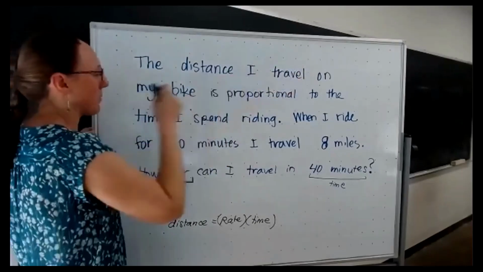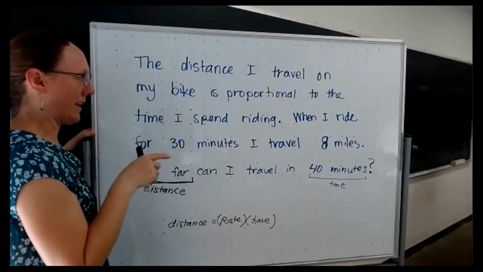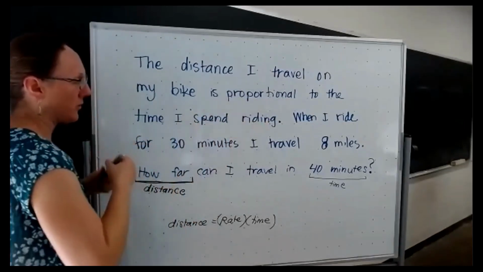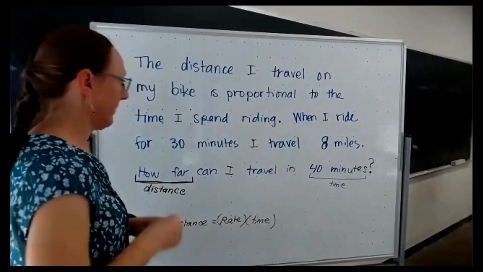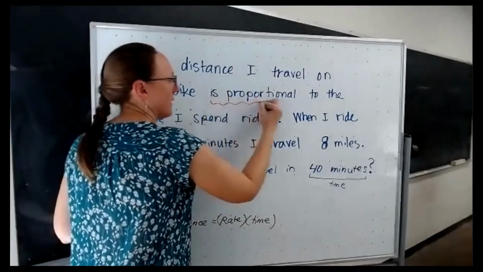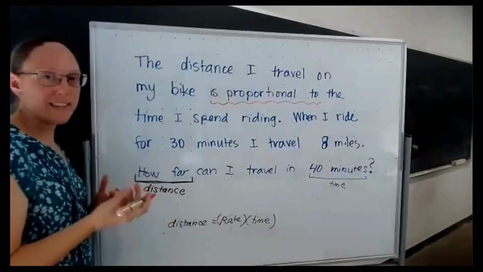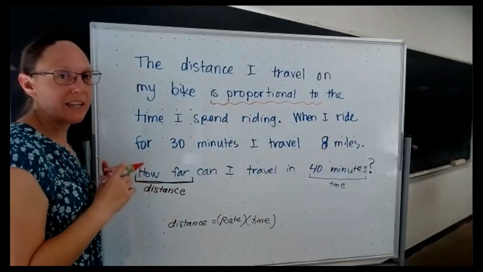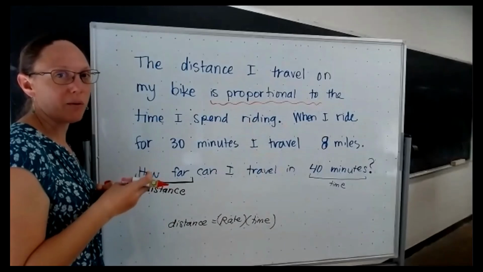So the distance I travel on my bike is proportional to the time I spend riding. That phrase, is proportional to, does show up for us in math, and is proportional to means equals a constant times.